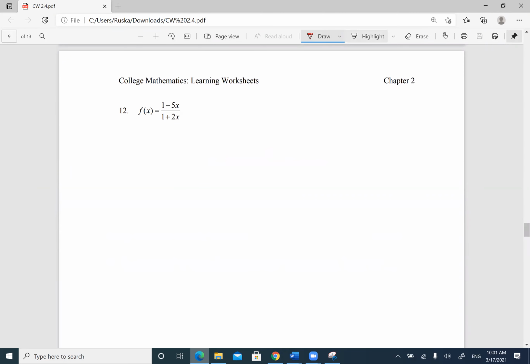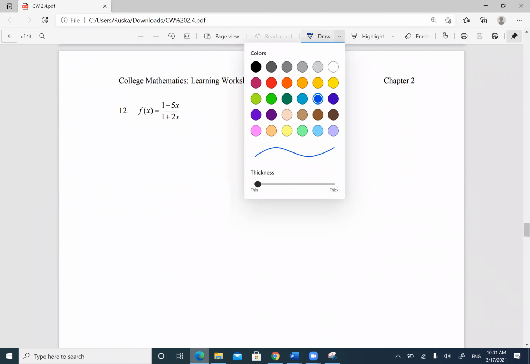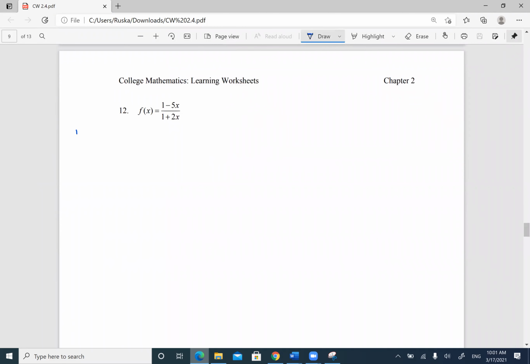Okay, so let's start again with finding the domain. So what is the domain? I'm going to start with the bottom. 1 plus 2x equals 0. You're going to subtract 1 on both sides. We're solving a linear equation. So 2x equals -1.